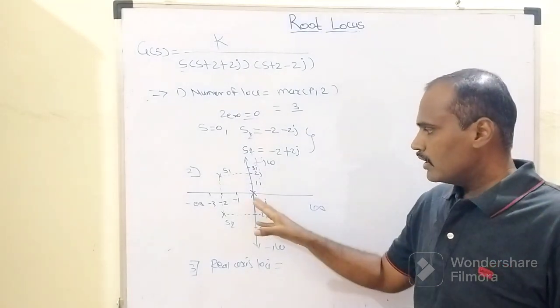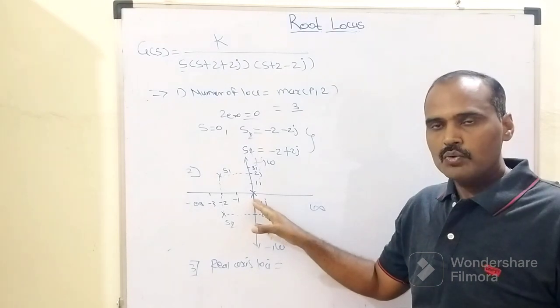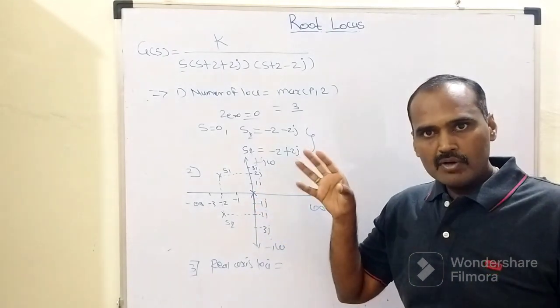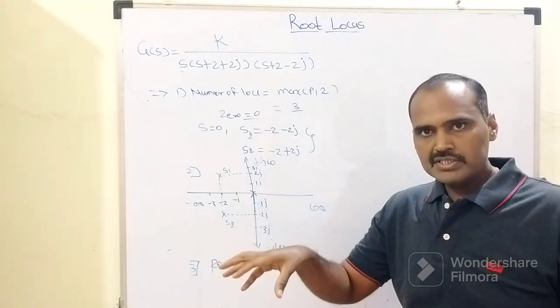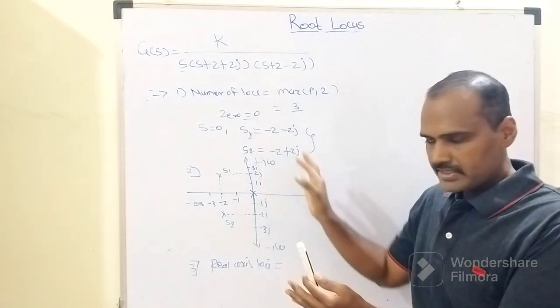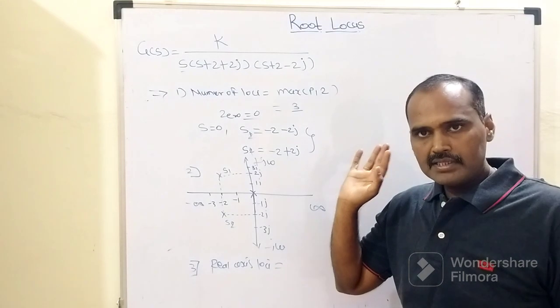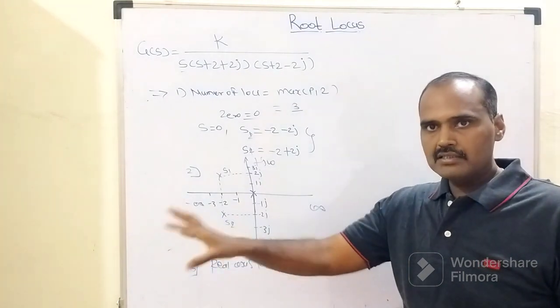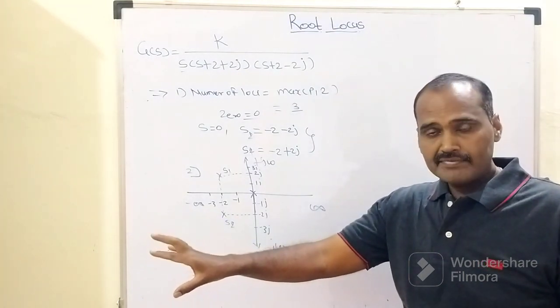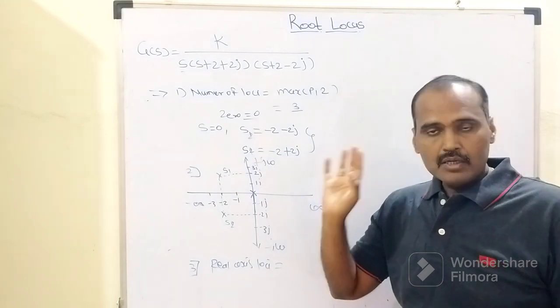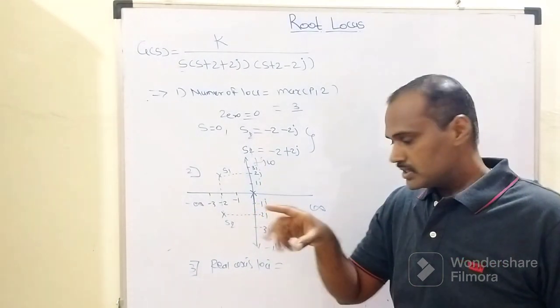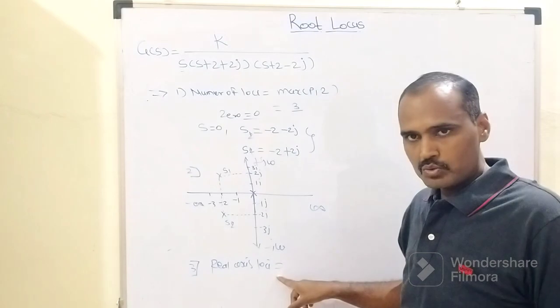If the summation of poles and zeros present to the right-hand side of this reference pole equals an odd number, then definitely we can say that the root locus will exist within that certain interval. This is the predetermined logic used to determine real axis loci.